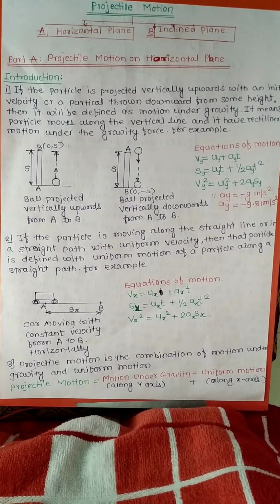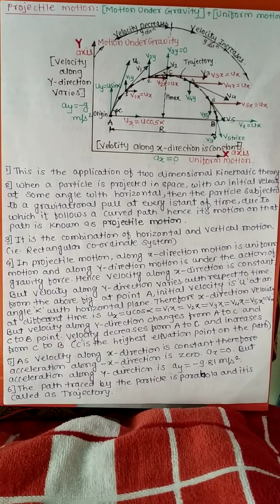The motion of the projectile is defined simultaneously along the x and y direction. As we are defining these two dimensions, projectile motion is the application of kinematic theory in two directions, that is x and y.